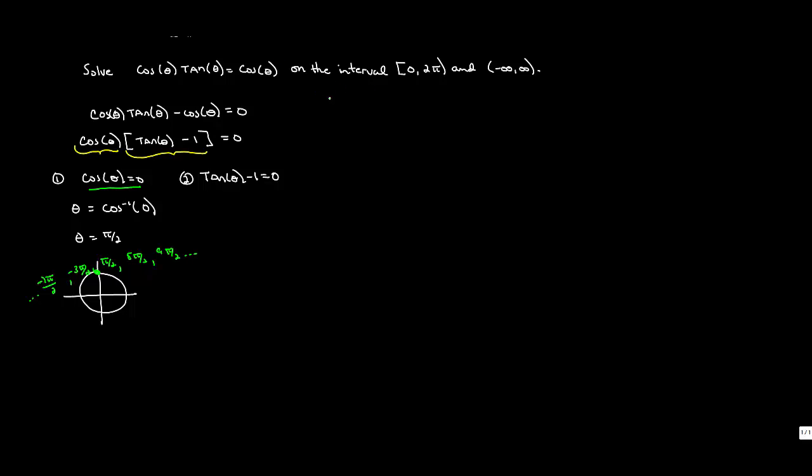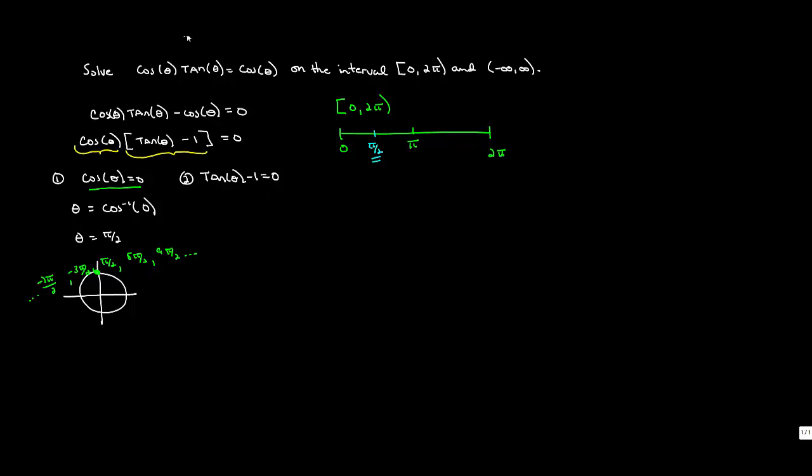So for the first part, the only angle between 0 and 2 pi that satisfies that is going to be pi over 2. And nothing else, right? Because 5 pi over 2 is already too far out. So there's only one guy that works for this.